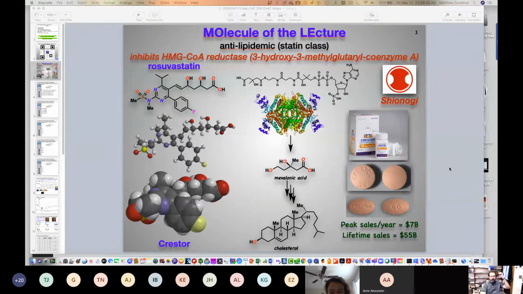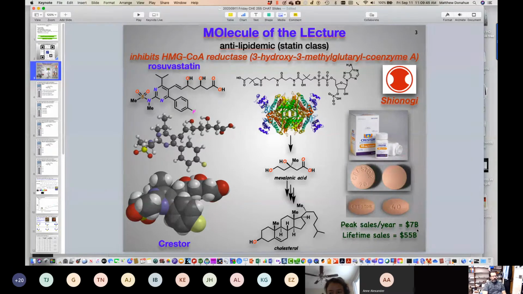So you probably end up with metric tons of material, and you think about the facilities needed to produce that. It's quite a lot of resources. In its peak year, it sold $7 billion, lifetime sales over $50 billion. And again, that may seem like a lot, but the cost of the research and development that goes into this is quite a bit as well.